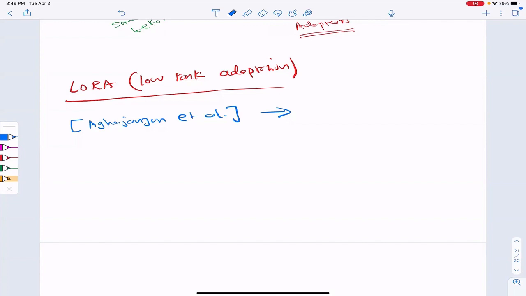They did some empirical analysis showing that the distribution of model parameters has low intrinsic dimensionality.